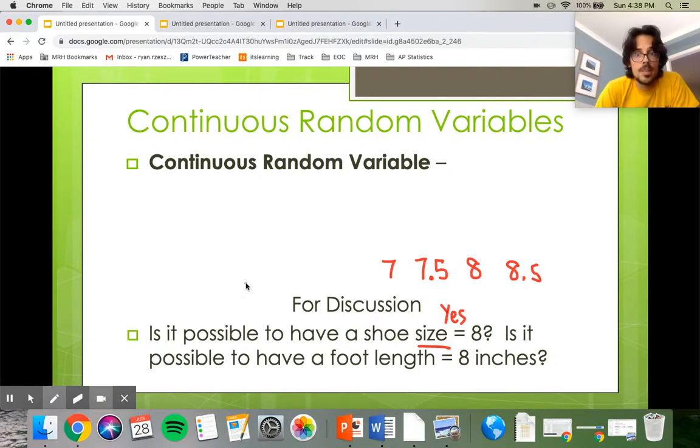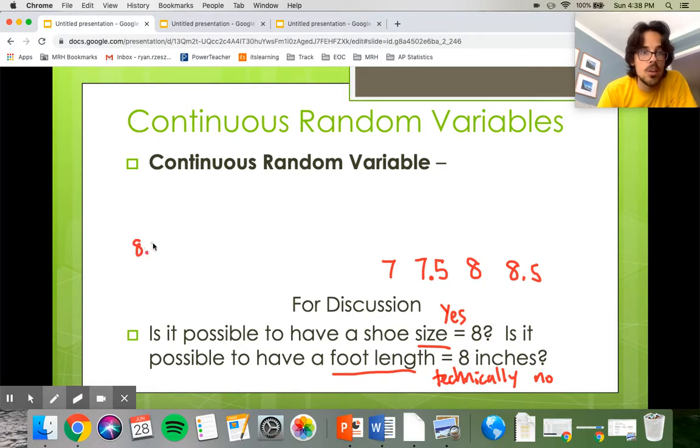Here's the weird part. Is it possible to have a foot length that is equal to 8 inches? Okay, so this now, foot length, is a continuous random variable. And the answer to this one is actually technically no, you can't. What? Like, why is that? Well, okay, let's say you have a foot that's real close to 8 inches.